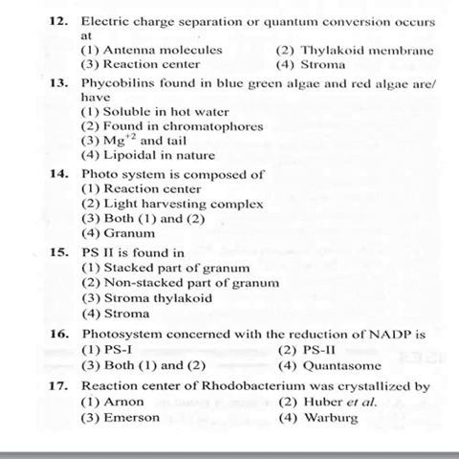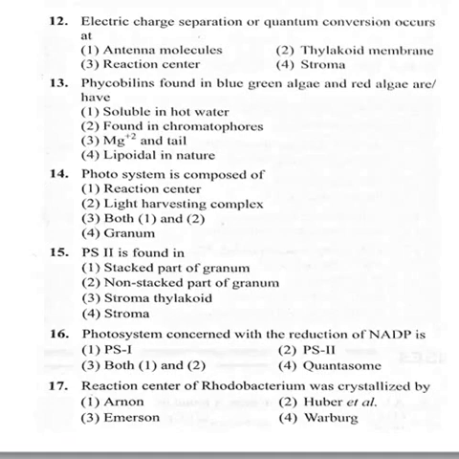Photosystem 1 can absorb light at 700 nanometers and photosystem 2 can absorb light at 680 nanometers. So photosystem is mainly composed of reaction center and light harvesting complex, that is antenna. So answer is both 1 and 2. So 14th question, right option, third answer.